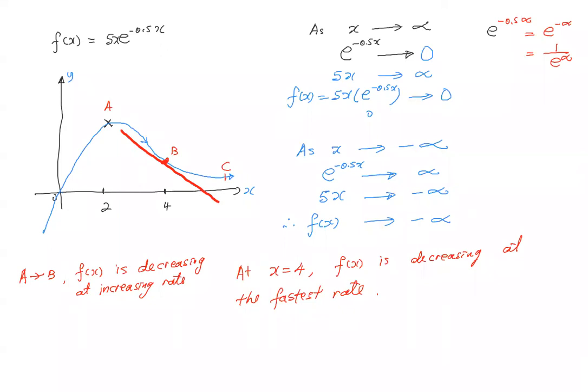Then from B to C, f(x) is decreasing with decreasing rate, because it becomes less steep. Done. So this point is when this one changes.